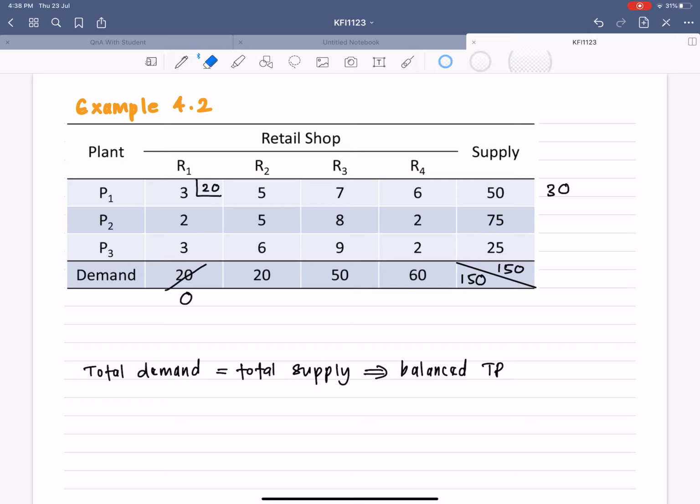Because in the first column the demand is already 0, we will cancel out the first column. The remaining cells are these cells, and the northwest corner is this one.